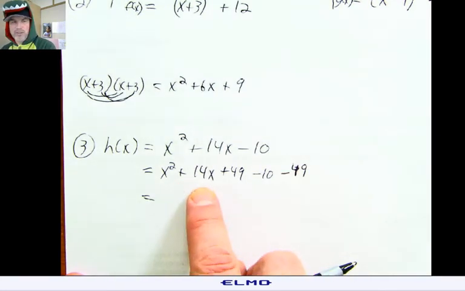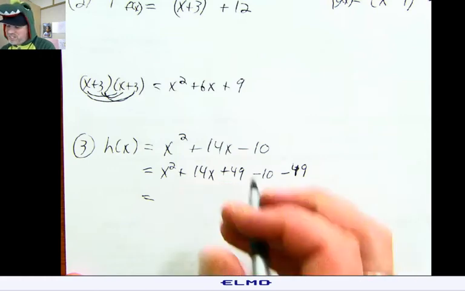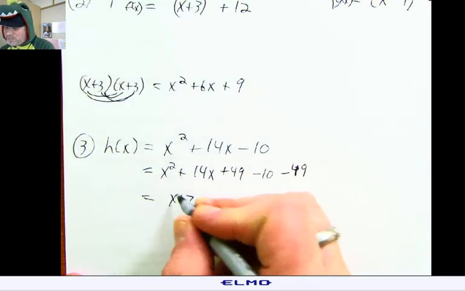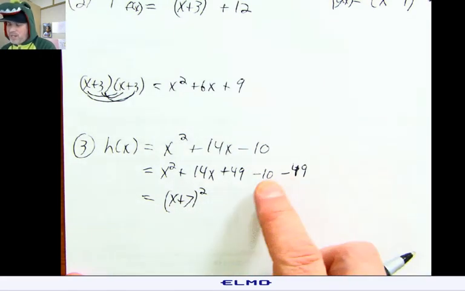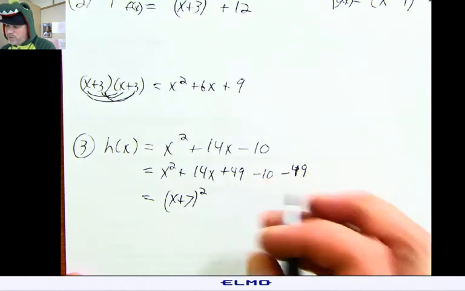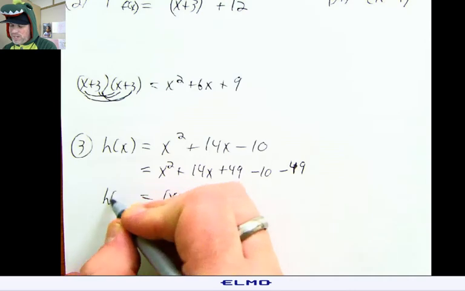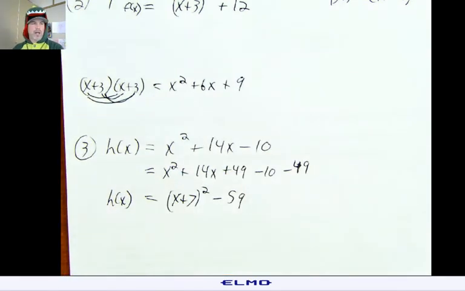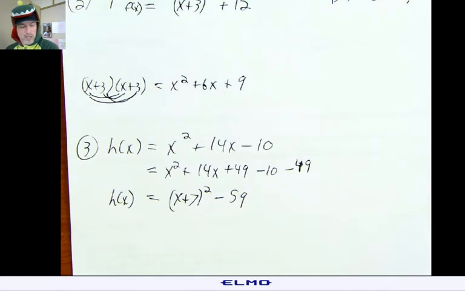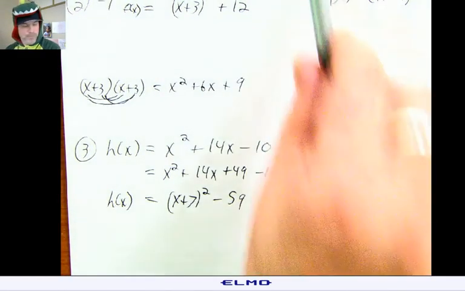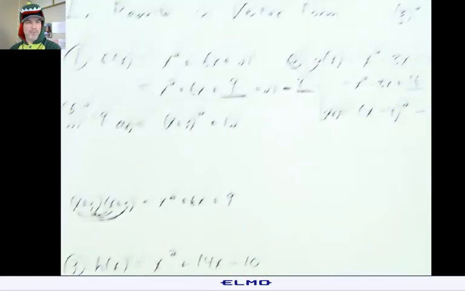X squared plus 14x plus 49 becomes x plus 7 quantity squared. And negative 10 minus 49 is negative 59. And don't forget to include your h of x in your answer. And that's part one, when you need to rewrite your problem in vertex form.